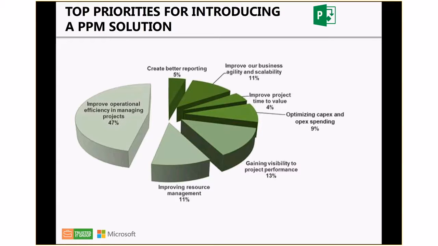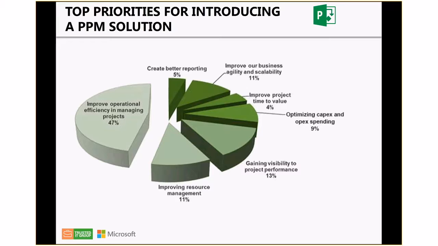Okay, so let's take a look at this, because here we're going to see the top priorities for introducing a PPM solution. Remember just a moment ago how I was saying that Forrester started with 45 companies that they interviewed? So these are the results from this 45 organizational interview.